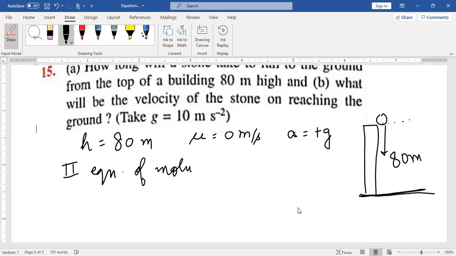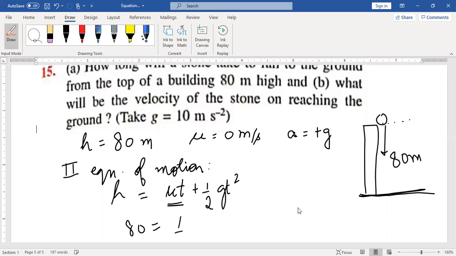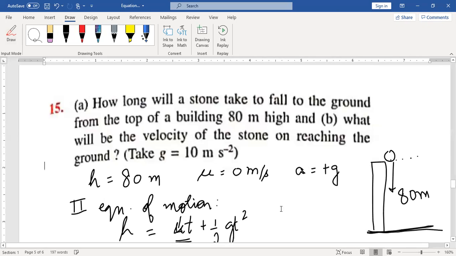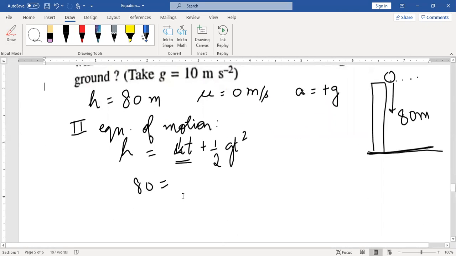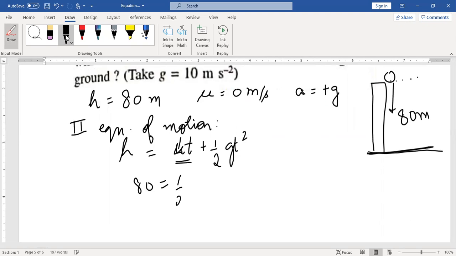I'll be using the second equation of motion, which is h is equal to u, which will be 0, plus half g t square. So h is 80. This first term will become 0. Half into 10 into t square.